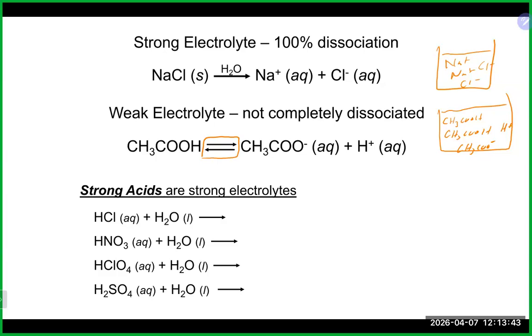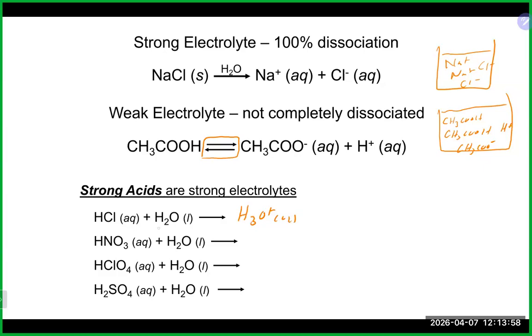Acids and bases are also strong electrolytes and weak electrolytes. There are some strong acids, which are strong electrolytes, that will completely break apart, like hydrochloric acid here, which will completely break apart into H3O plus.